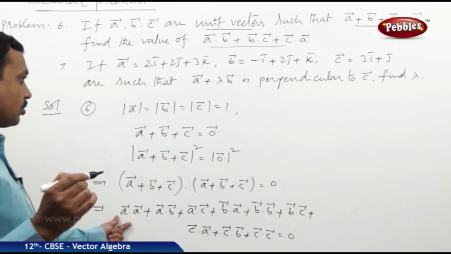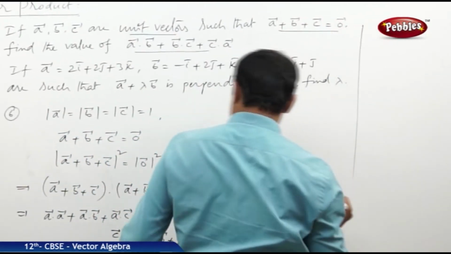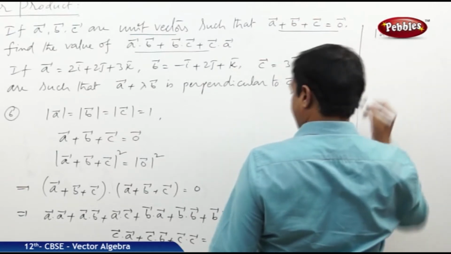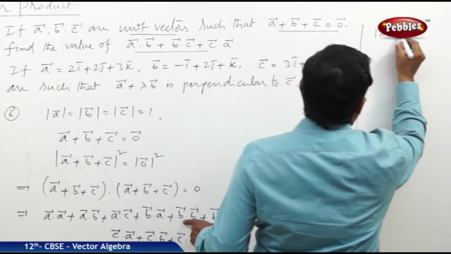Look, A dot A is equal to mod A square, B dot B is equal to mod B square.